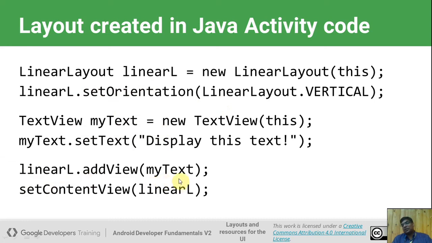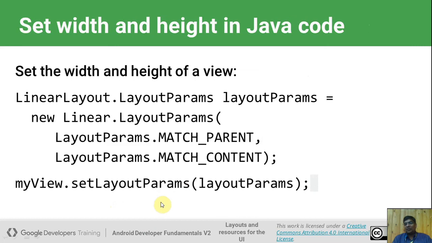Okay. Then what is the content view? It is how the content is shown on the screen, and what the width and height are. How do we change width and height? There are match parent and wrap content. We will discuss it later.